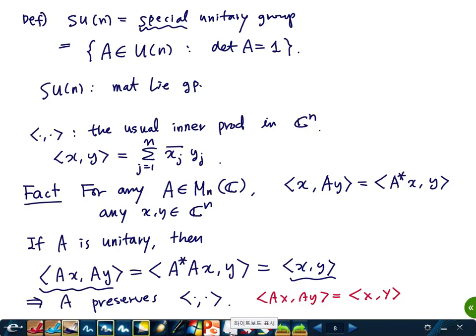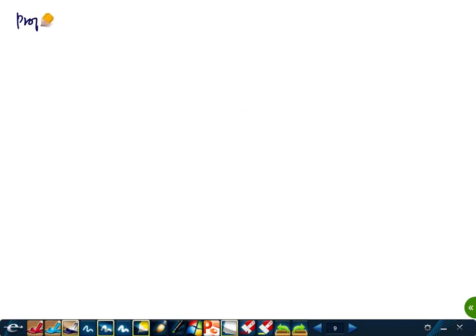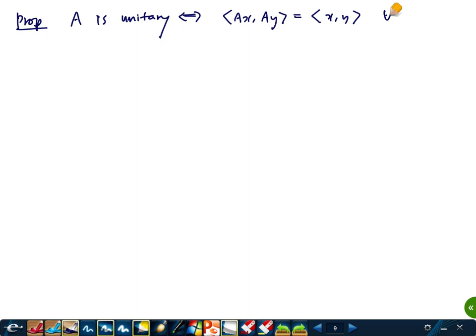So, proposition: A is unitary if and only if it preserves the inner product for all x, y. It's important that we have this condition for all x, y, not just some.